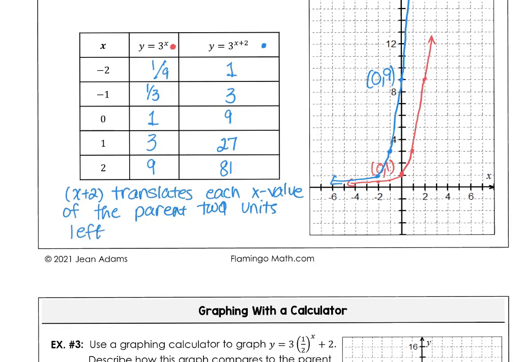So this red point at 0, 1 moved over here. This one at 1, 3 moved over to -1, 3. And the one at 2, 9 moved over to 0, 9. So the x values in each case changed, where this one was 2, 9, this one became 0, 9.